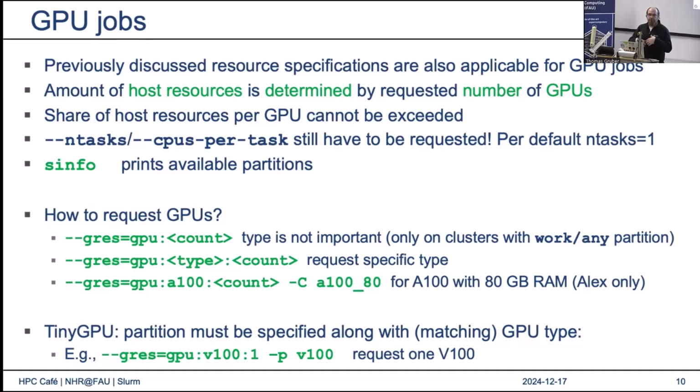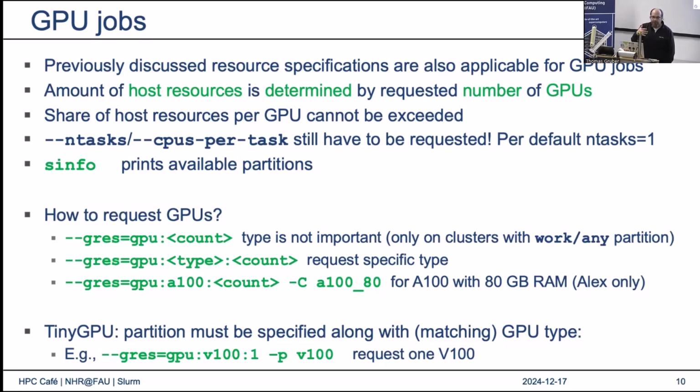So if you request one GPU, you get a set of CPUs and a set of memory automatically assigned. This is how it's managed in our center. So you don't have to specify that you want one core and one GPU and this amount of memory. You just ask for one GPU and you get a set of cores with that and some memory.